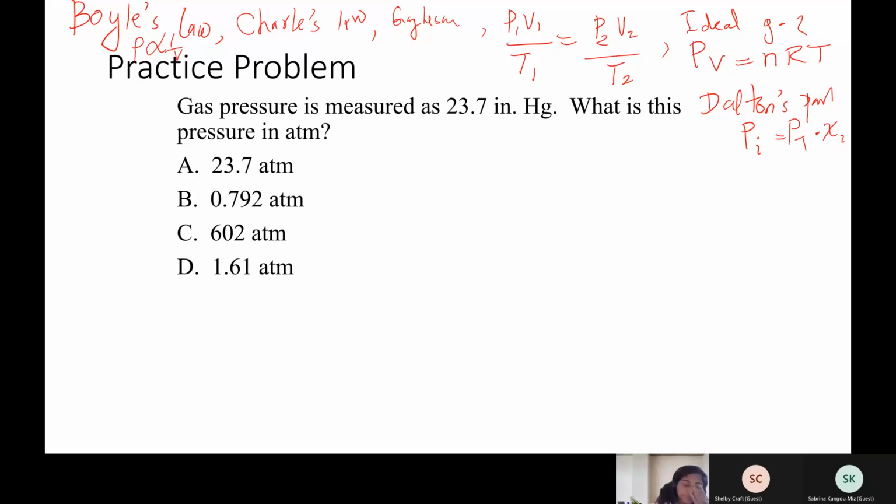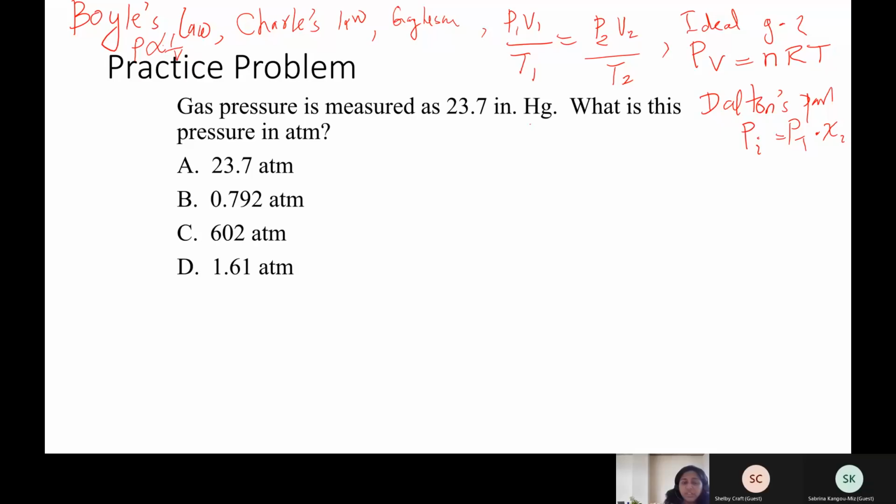Okay, so let's start the first question. This is related to module 1. This is a conversion question. Gas pressure is measured as 23.7 inches of mercury.